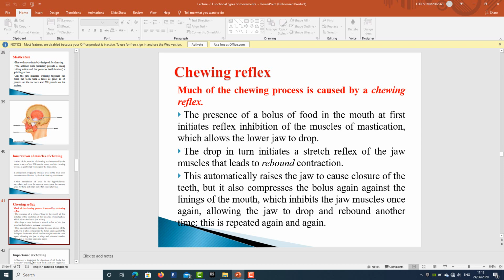This automatically raises the jaw to cause closure of the teeth, but it also compresses the bolus again against the linings of the mouth, which inhibits the jaw muscles once again, allowing the jaw to drop and rebound another time, and this is repeated again and again.